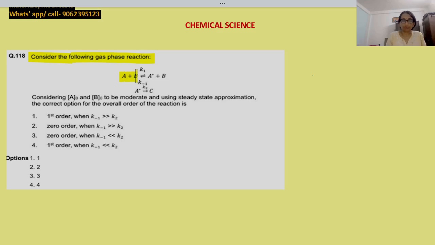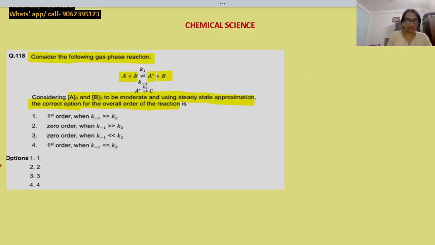The reactant A plus B forms A star, with rate constant K1, and similarly A star is converted into C. Considering the initial concentration of A and the initial concentration of B to be moderate and using the steady state approximation, what is the correct option for the overall order of the reaction?